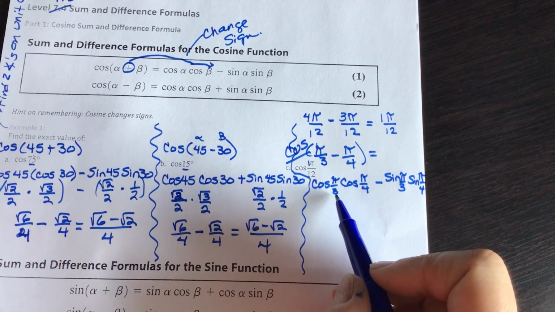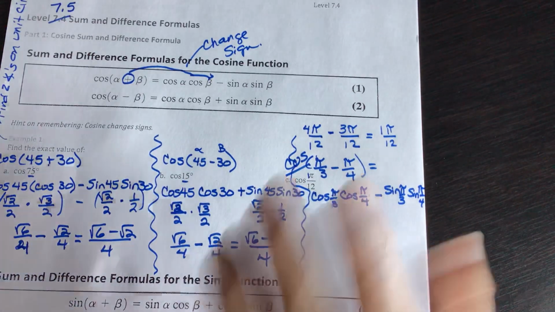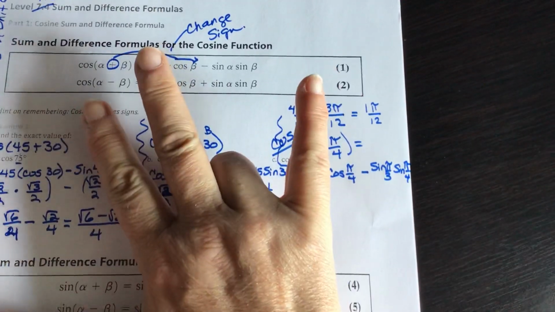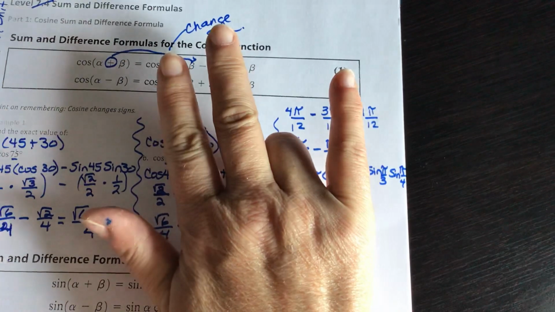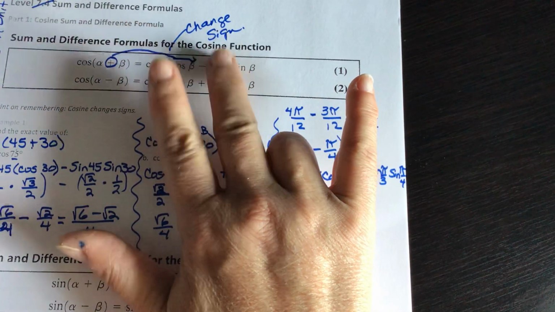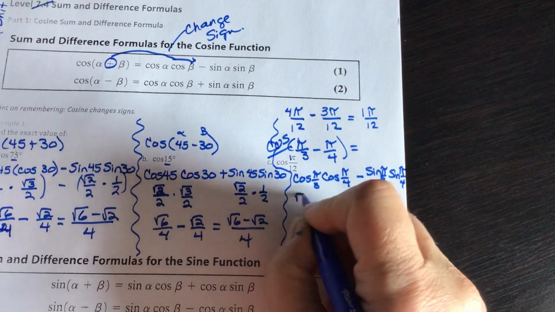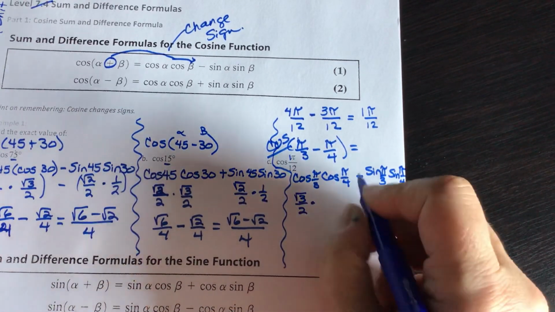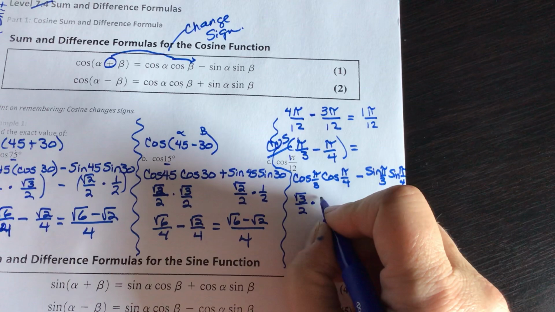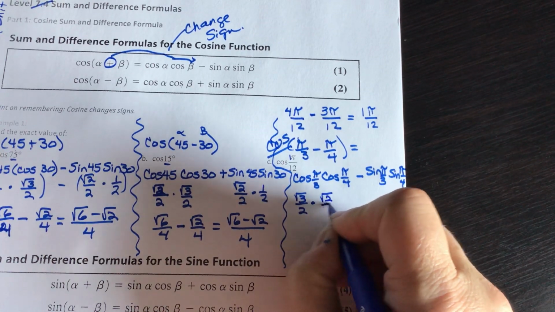If I'm thinking of 60 degrees, this is 60 degrees here. Cosine is going to be the square root of 3 over 2. And cosine of pi over 4, that's a 45 degree angle, square root of 2 over 2.